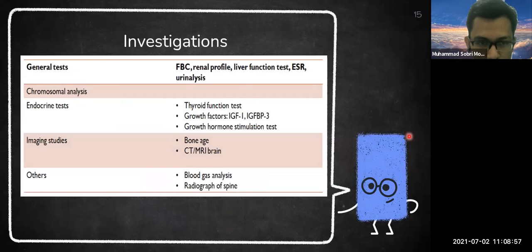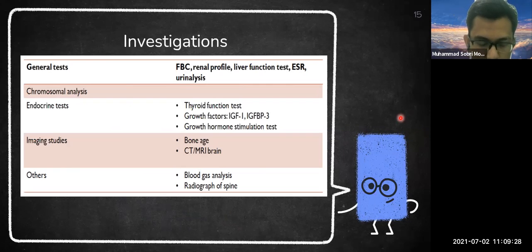And next is about the investigation. So for general tests, you can do blood count, renal profile, liver function test, ESR, also urinalysis. Because the etiology of short stature has a wide array of diagnoses, patients may present with specific symptoms that might point out the cause, so we have to do general tests to distinguish.